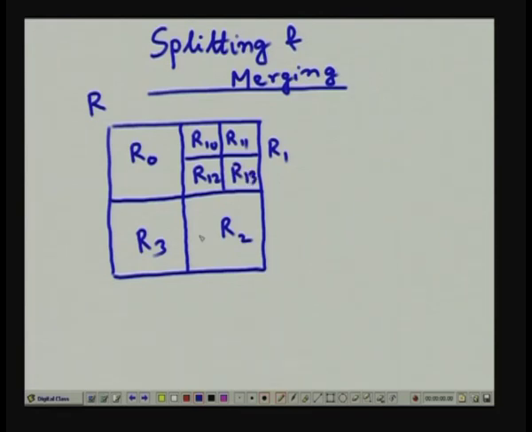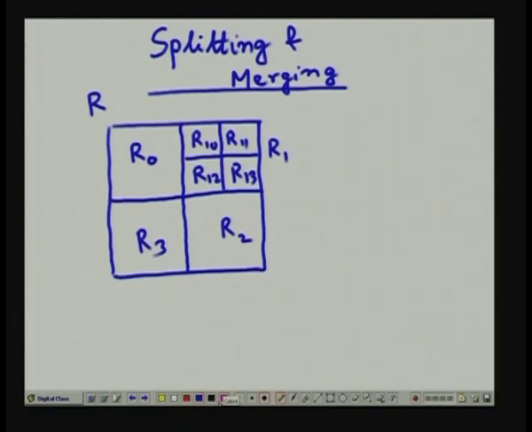And you go on doing this partitioning until you come to a partition size which is the smallest size permissible, or you come to a situation where the partitions have become uniform. So, I cannot partition them anymore. And in the process of doing this, I am having a quad tree representation of the image.